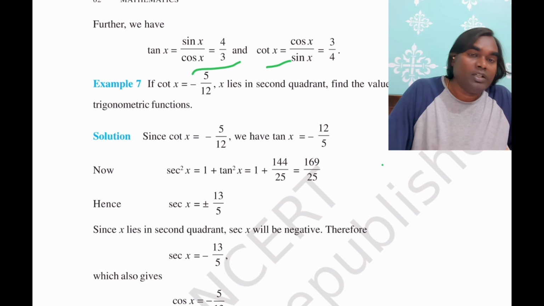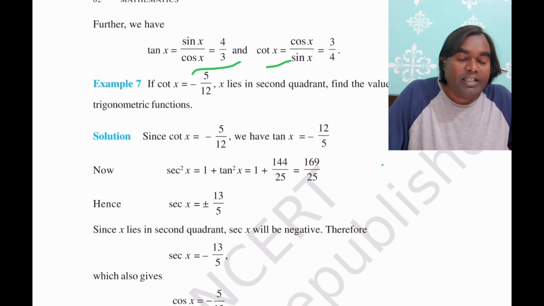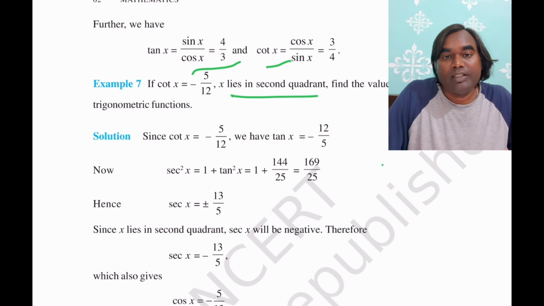Now move to example number 7. If cot x is equal to minus 5 by 12 and x lies in the second quadrant, find the values of other 5 trigonometric functions. So with the help of cot x, we will calculate the other values.